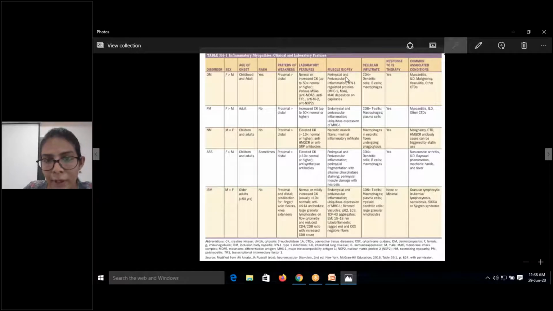Coming to muscle biopsy, in myositis, if you have the clinical features, muscle biopsy is not mandatory, especially in dermatomyositis. If the patient comes with the classical features of rash and myopathy, you need not even do a muscle biopsy.